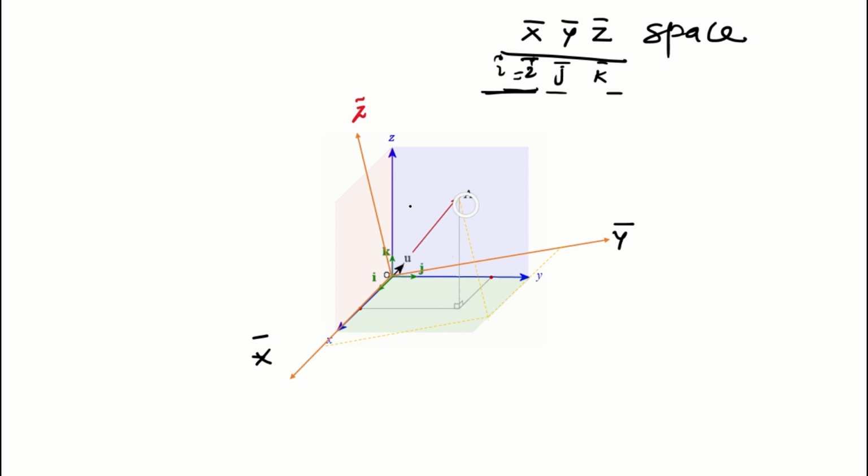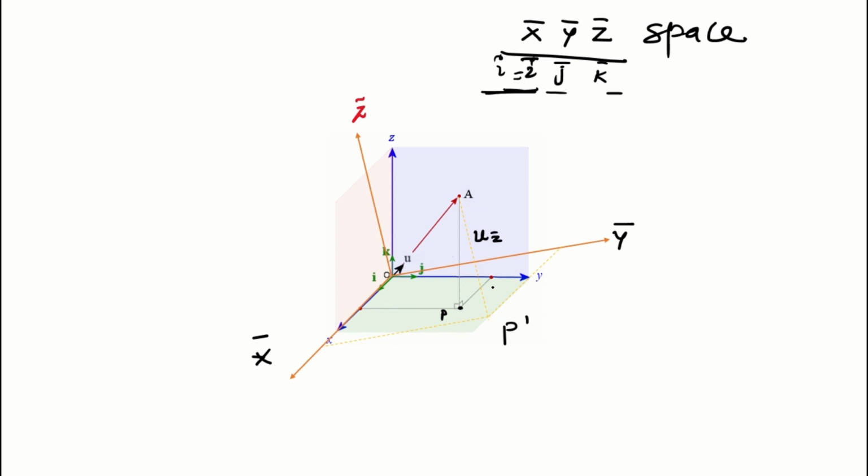This dotted orange line from A goes into the x bar y bar plane, parallel to the z bar axis. Let us suppose it meets at point P dash. So A to P dash will give you the component of u along the z bar axis.